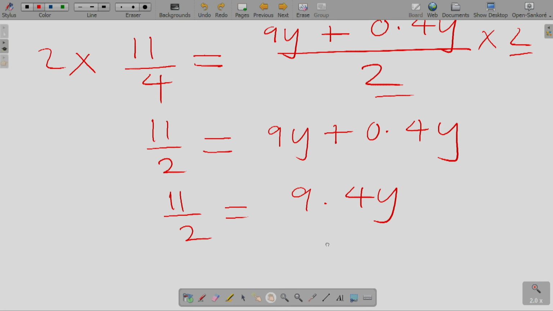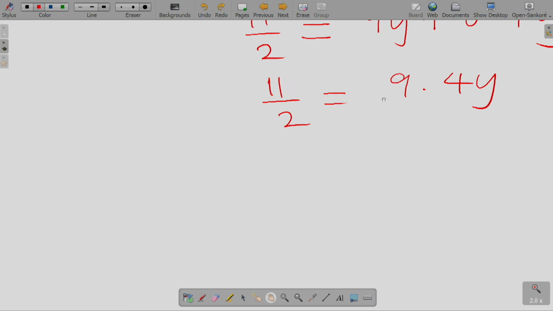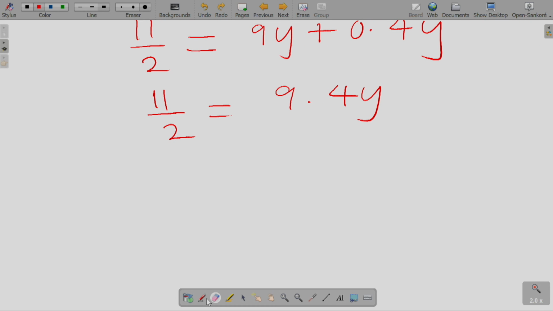But we need to find the variable y. So in order to find the variable y, let's divide both sides by 9.4, and also here by 9.4. This 9.4 will be cancelled out.